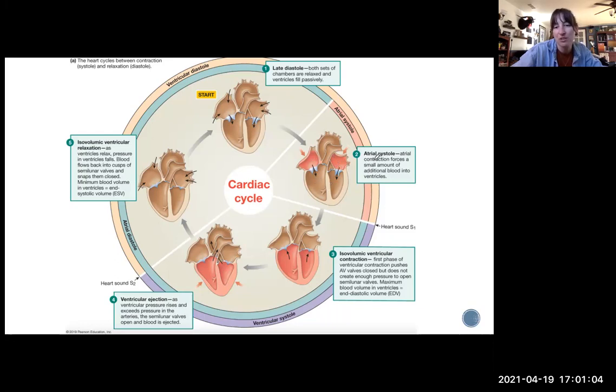Systole is contraction, but specifically atrial systole, atria contracting. Atrial diastole, but ventricular systole, as the ventricles contract. And then ventricular diastole as the atria prepare to go back into systole and contract, right?